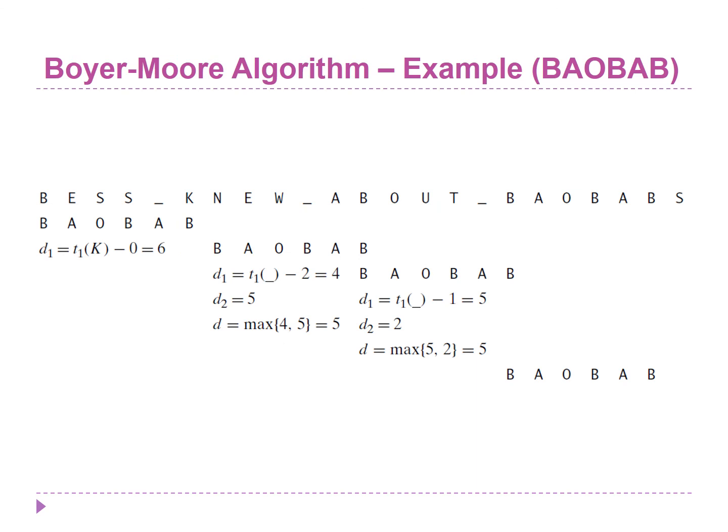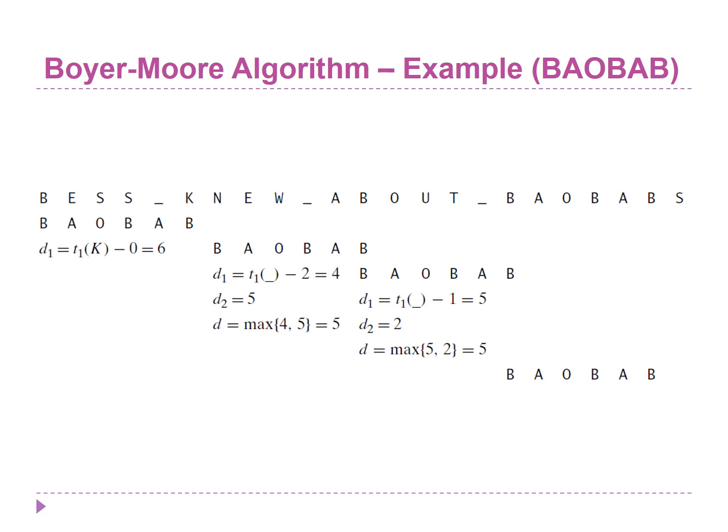Boyer-Moore string matching algorithm begins the string matching by aligning the pattern from the beginning of the text. Here in the example, when BAOBAB is aligned from the beginning of the text, the last character B does not match K in the text.